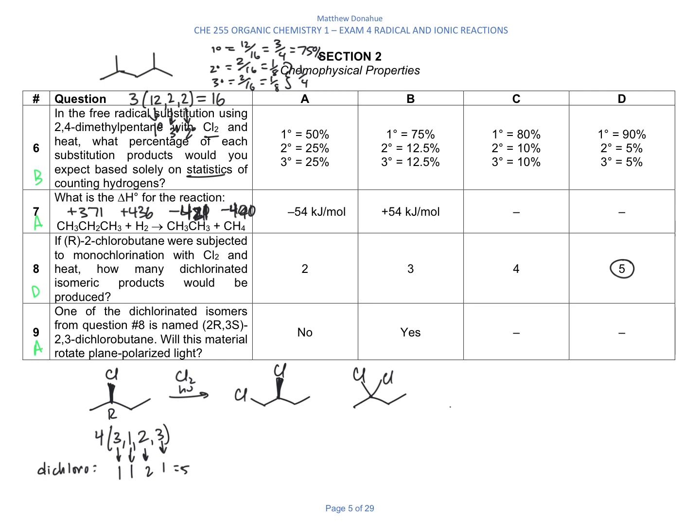Now substituting at carbon 3, that stays the same, but now you can have the chlorine going away from you, or the chlorine going towards you. And so again, this center is set as R, so it's already staying R.